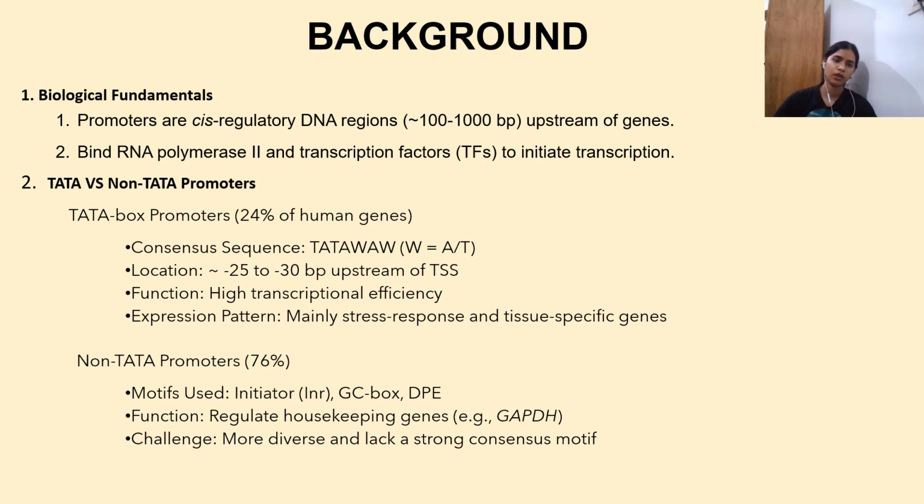They are found about 25 to 30 bases before the transcription start site and are linked to stress response or tissue-specific expression. On the other hand, 76% are non-TATA promoters. They use other motifs like GC box or DE and usually regulate housekeeping genes, but they are harder to detect because they lack a clear sequence pattern.